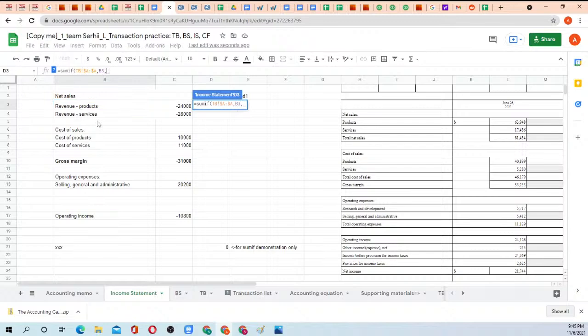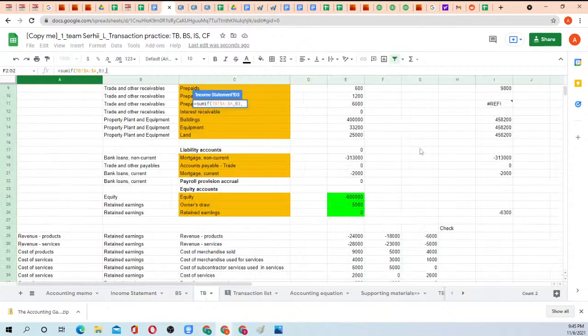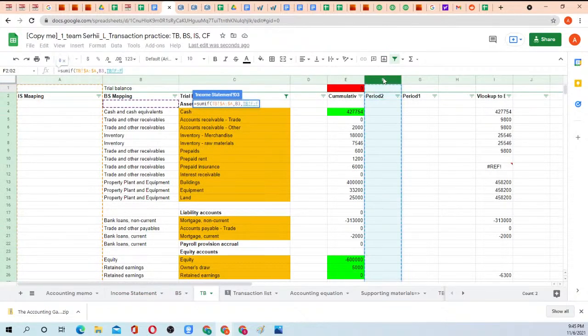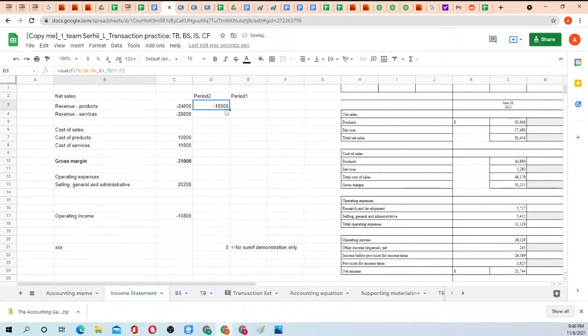So we select criteria from column A on the trial balance worksheet, and now we need to pick the numbers. And I want to pick the numbers here, and I do not put dollar signs, because I will later copy everything.